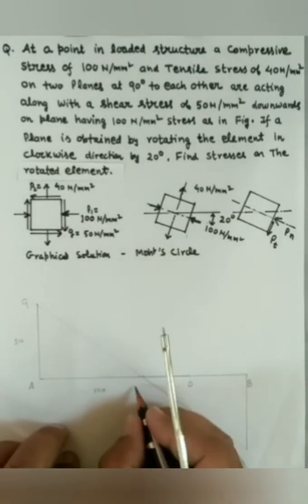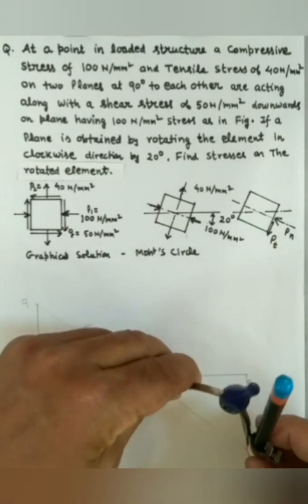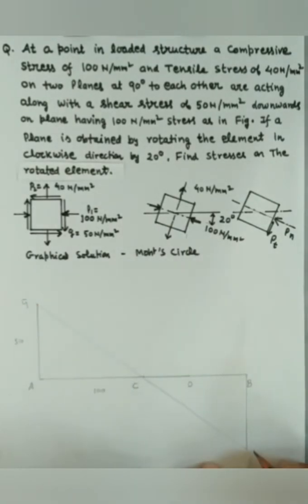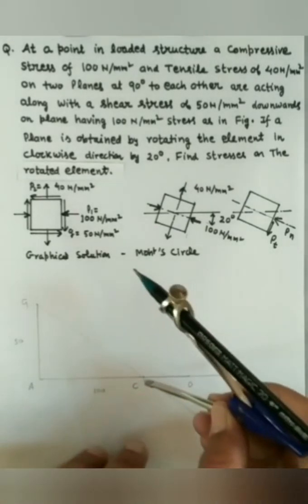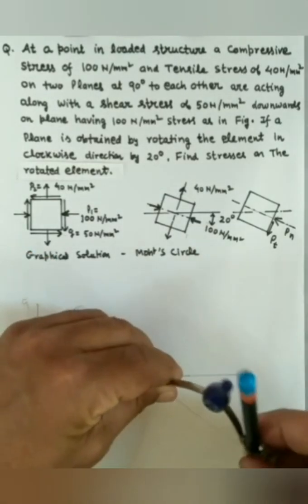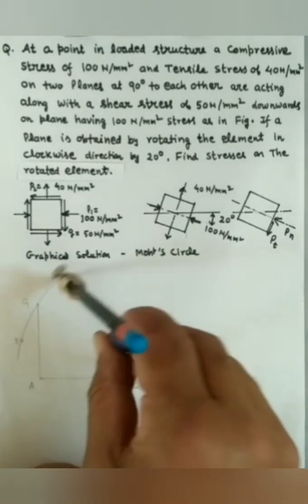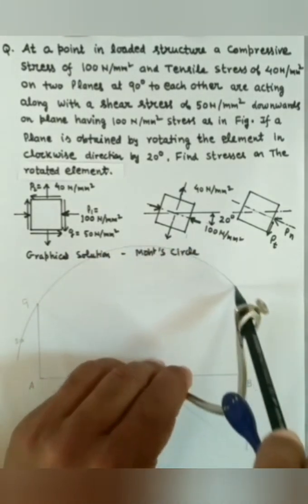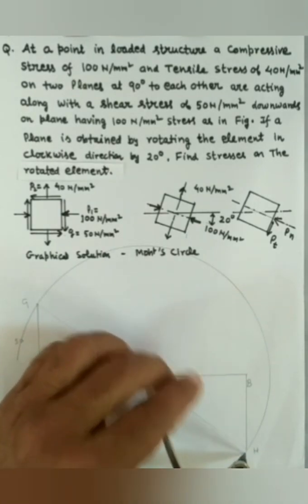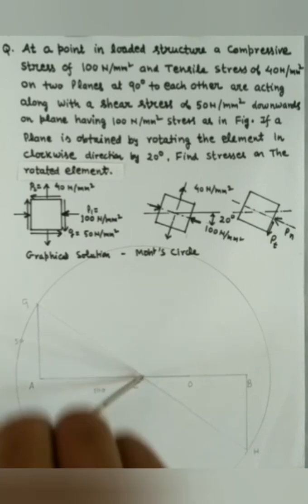Now we will draw a circle from the center C of radius either CH or CG, since both are equal. So let us draw a circle like this, passing through G and H with C at the center.